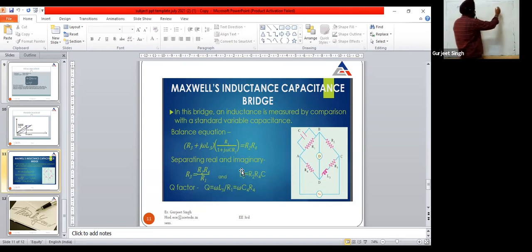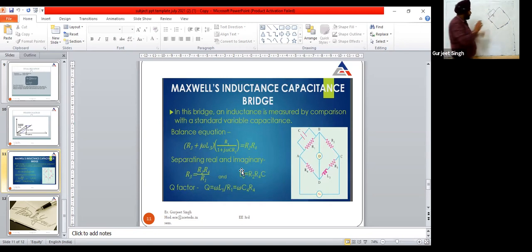First of all, I am drawing this Maxwell inductance capacitance bridge. This is C1 and R1, whose values are known to us.